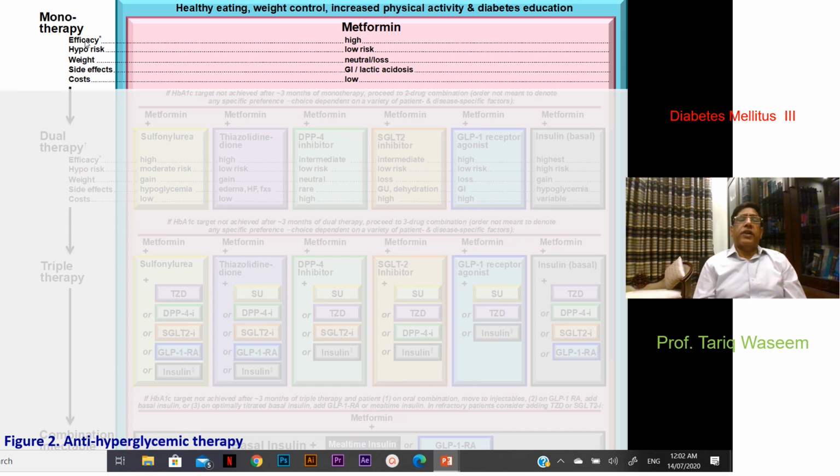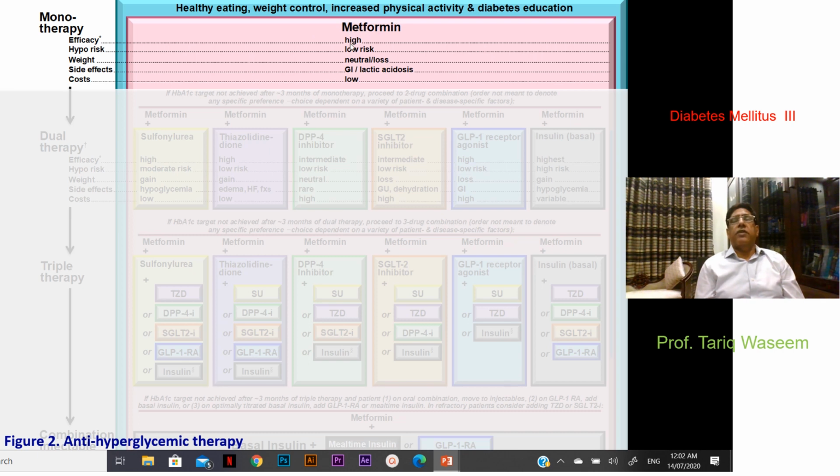Are there any side effects? And most important in our part of the world, what would be the cost to your patient? Is it an expensive drug, or is it affordable by the patients?